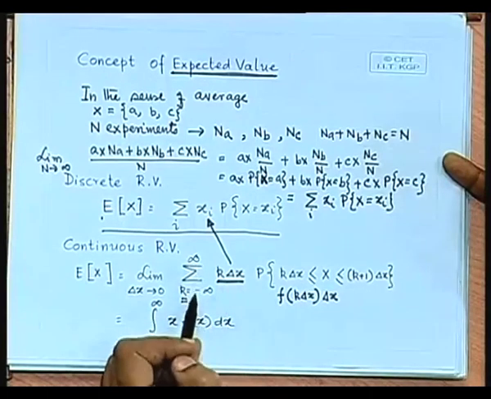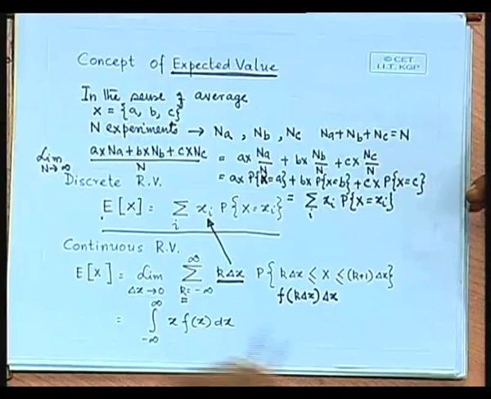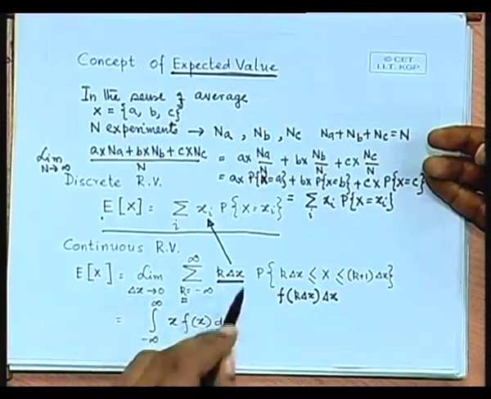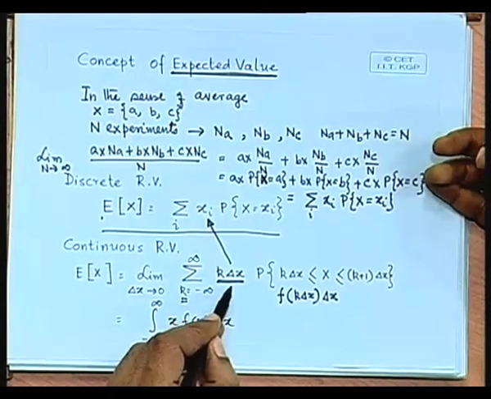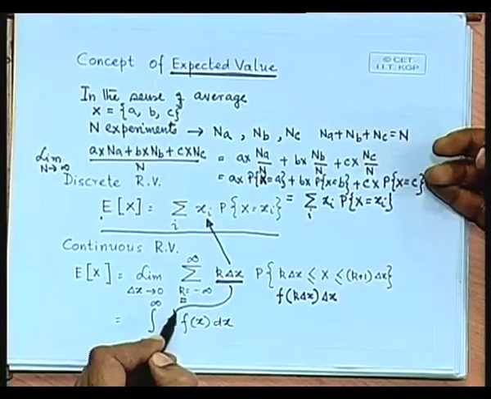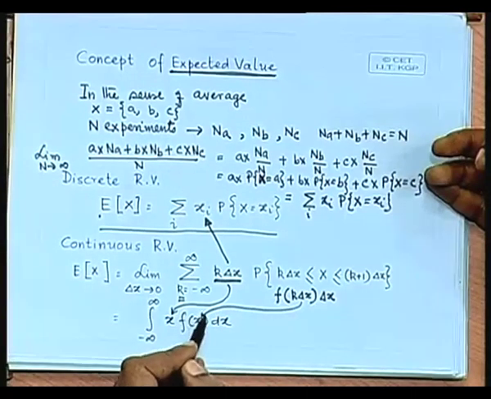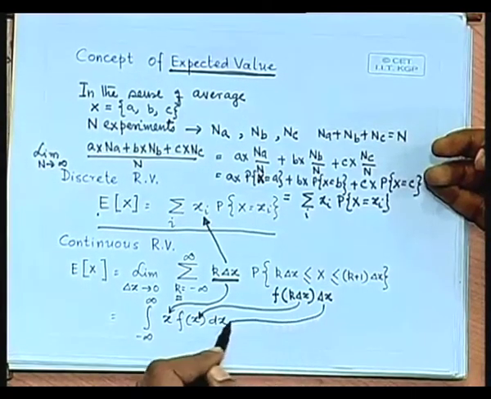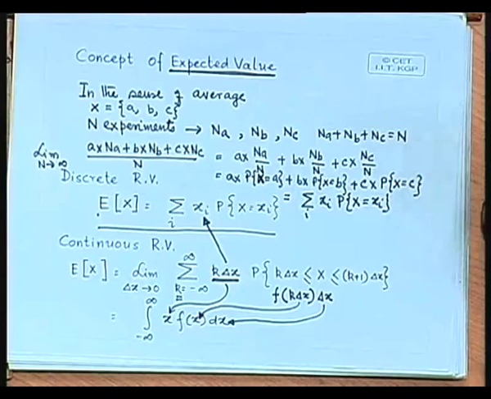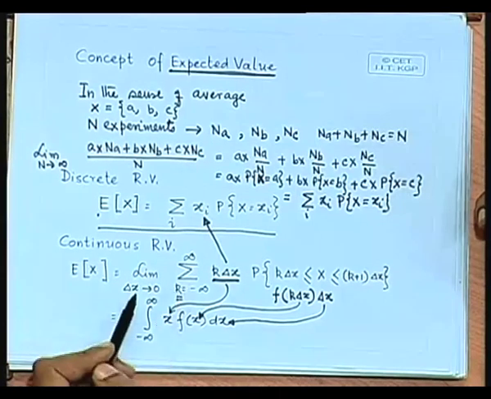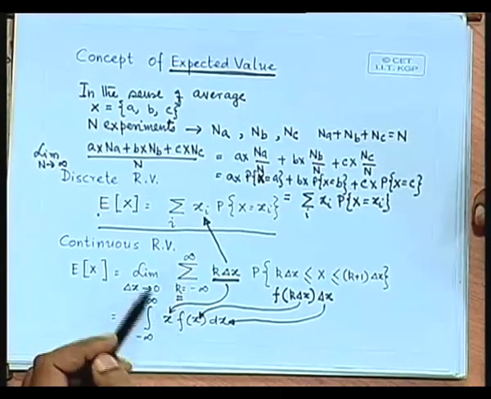This sum, if we do from k equal to minus infinity to plus infinity, and now take delta x in the limit, replacing k delta x by the value x and delta x by the differential dx, then as delta x tends to 0, this sum will become the integral.